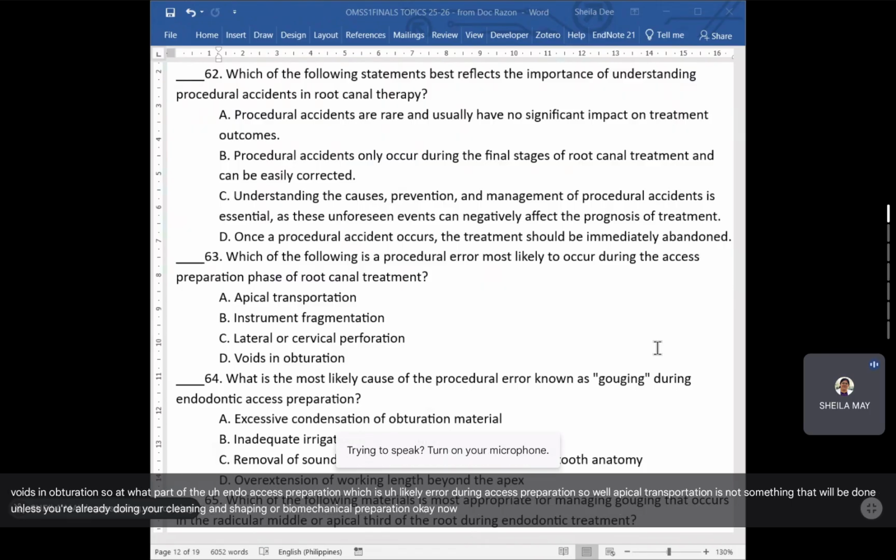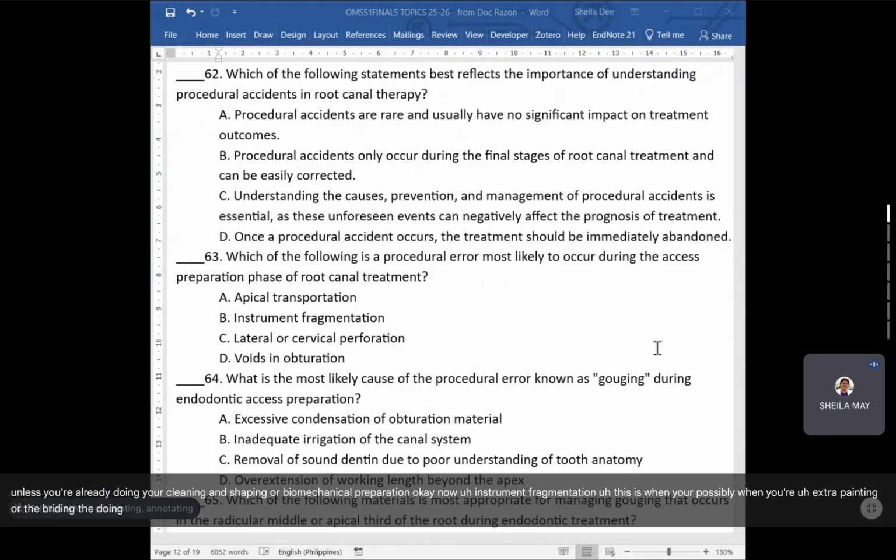Instrument fragmentation is when you're extirpating or debriding and doing your biomechanical preparation. Again, that's possible, but during access, it doesn't make sense.